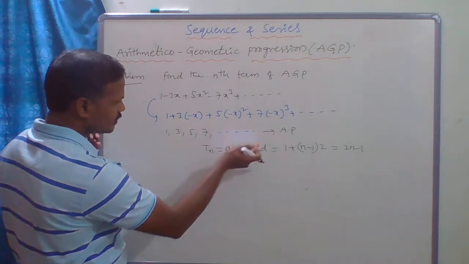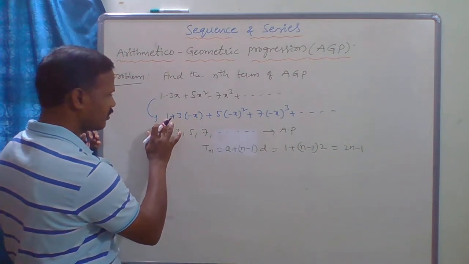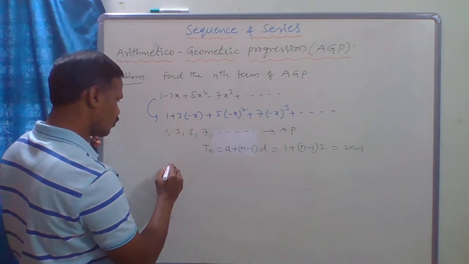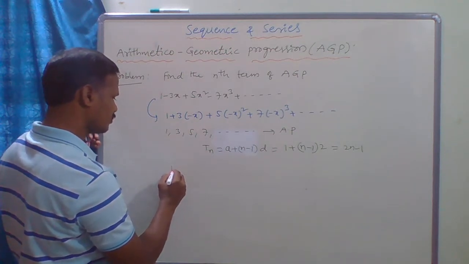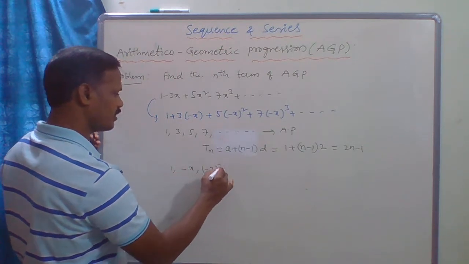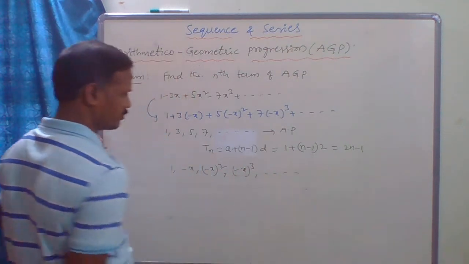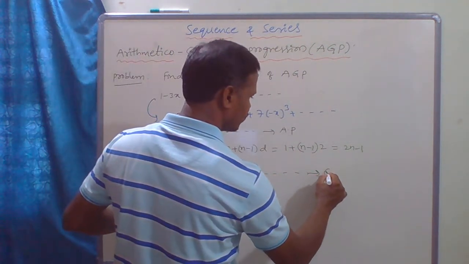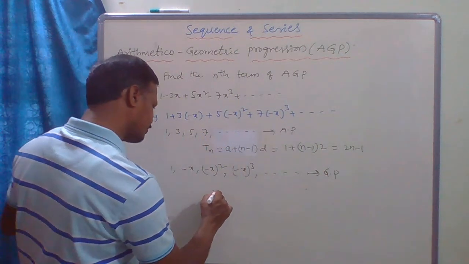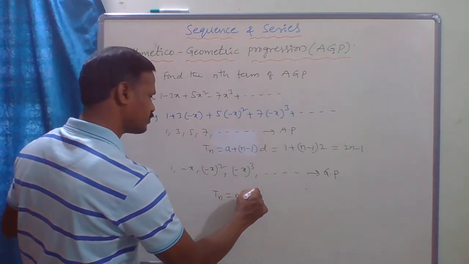Now the second progression. What is that? Here 1 into 1 can be written as 1, minus x, minus x whole square, minus x whole cube, and so on. So this is a GP. Here the nth term is A into R power n minus 1.